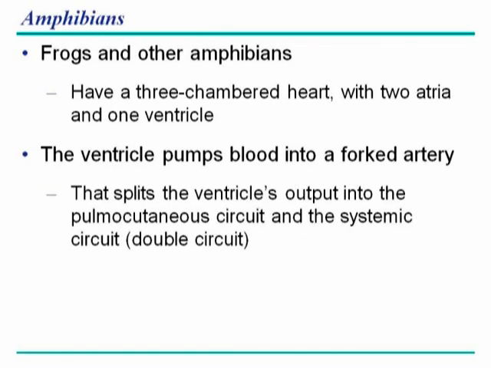Amphibians, frogs and other amphibians, have a three-chambered heart with two atria and one ventricle. The ventricle pumps blood into the artery. It splits the ventricle output into the pulmocutaneous circuit and the systemic circuit. We call it a double circuit because it has a pulmocutaneous circuit and a systemic circuit.